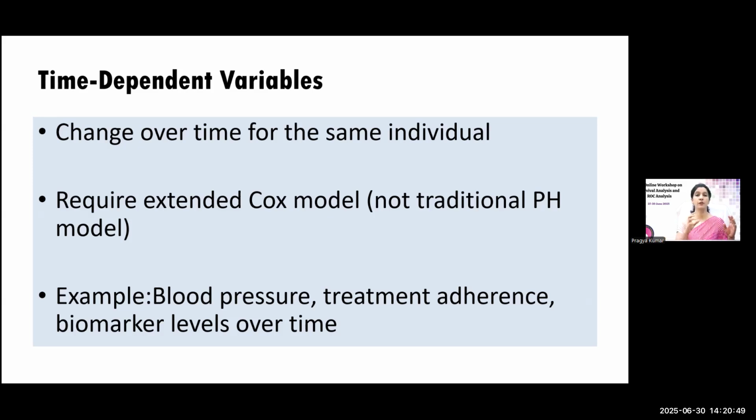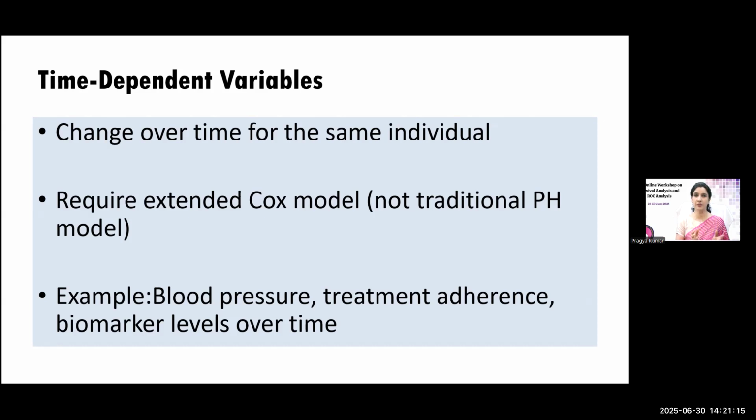That means you cannot go for a Cox proportional model. There is another model known as the extended Cox, and you have to apply that. We are not covering it in this workshop. Probably we'll have another workshop on the extended Cox, that means time dependent variables, and other parametric survival methods, because in this workshop we are covering the non-parametric and semi-parametric methods.